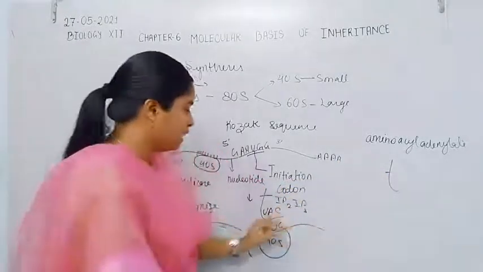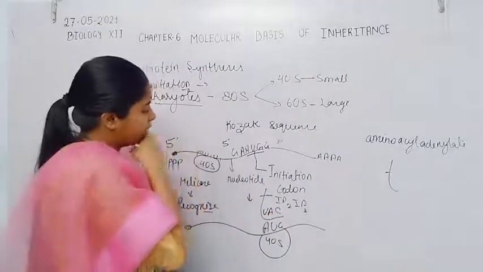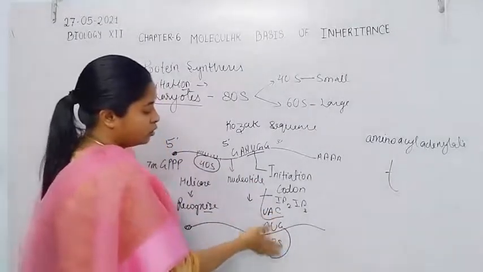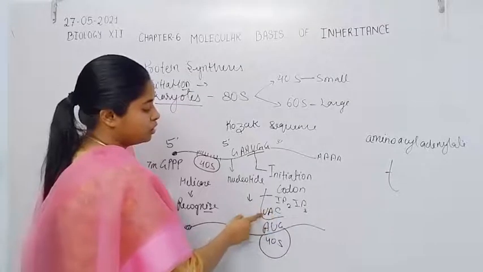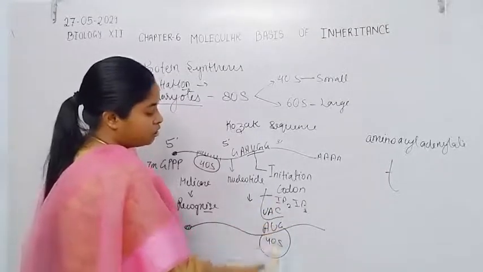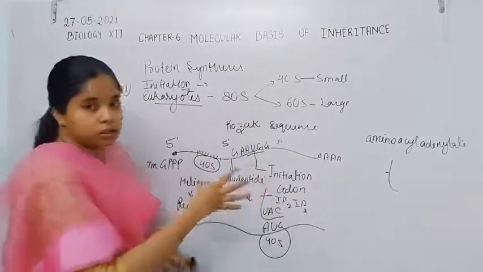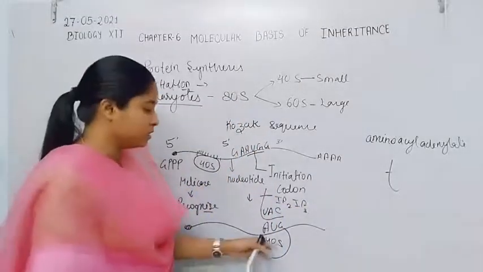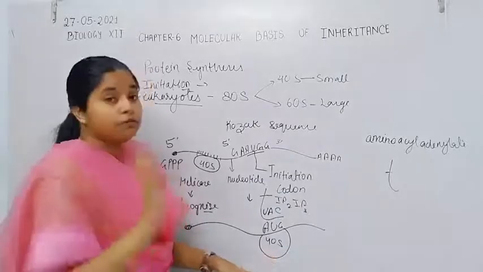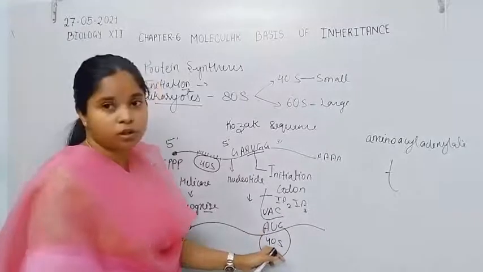Now when it comes, it has the anticodon UAC, which binds with the AUG, and then the large subunit binds at this region: in eukaryotes the 60S unit, and in prokaryotes the 50S subunit, with the 30S subunit being the small one.